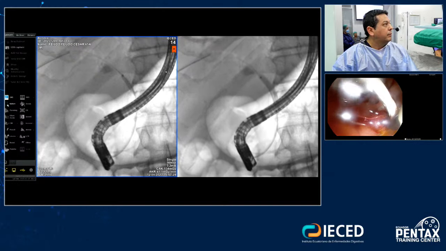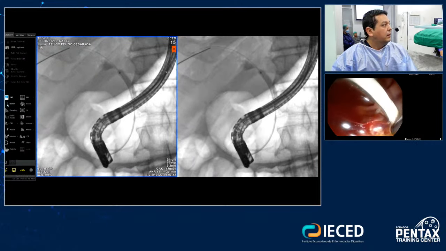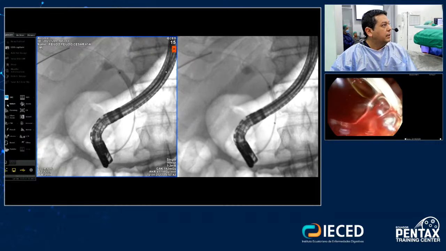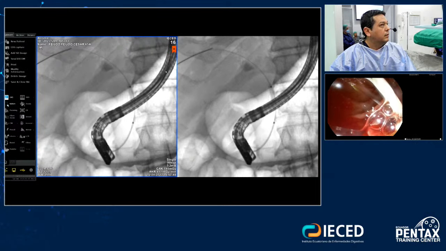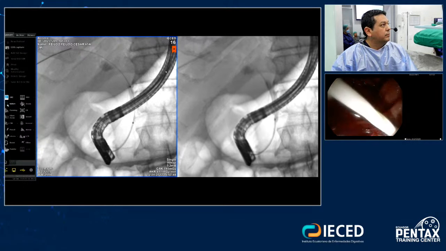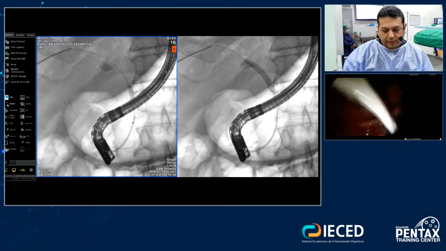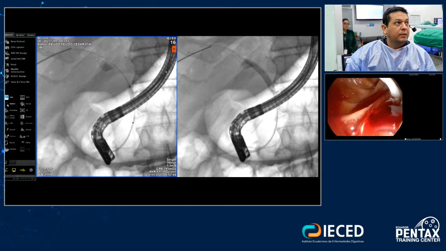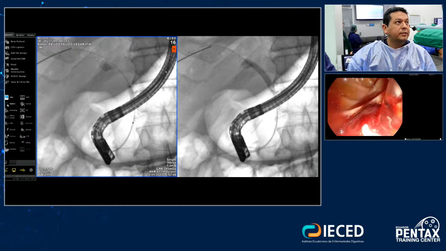Perfect. Desinfla. Dilata ahí. Perfecto. Okay, it passes. Perfect. Desinfla. So now we'll remove the clots.